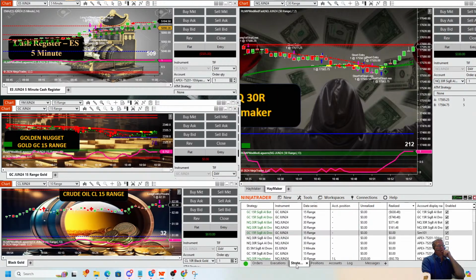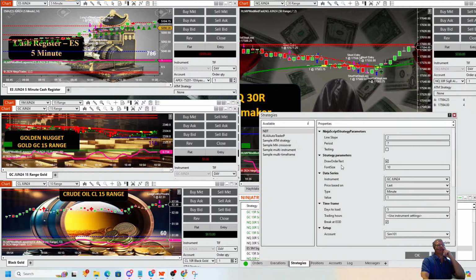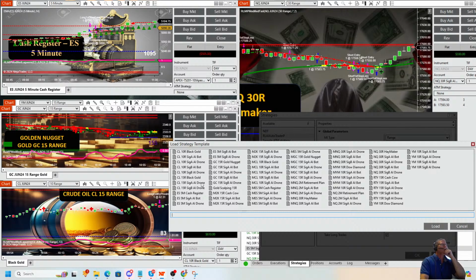So if we did that same strategy, let's do the same strategy on the Nasdaq on a signal A. So we'll go find our scalp strategy.